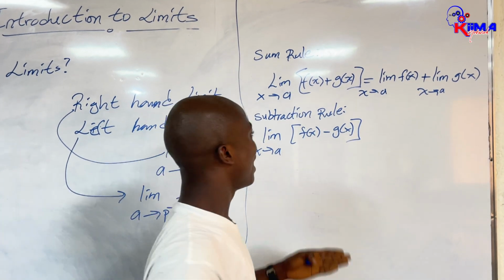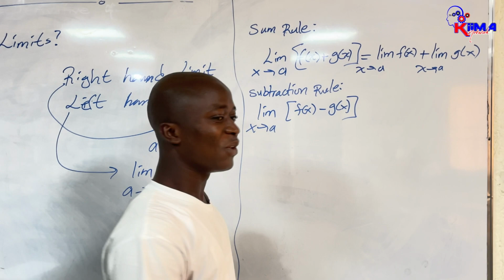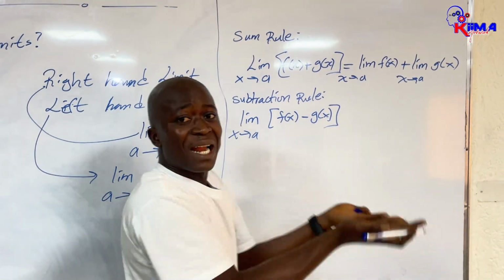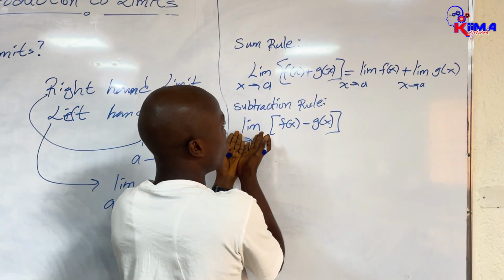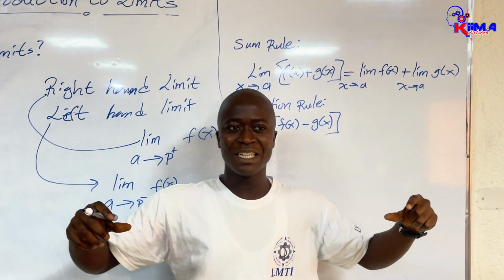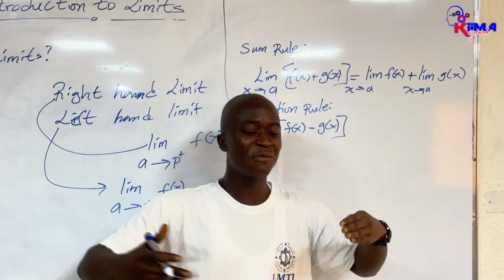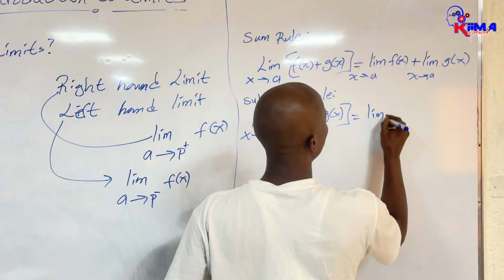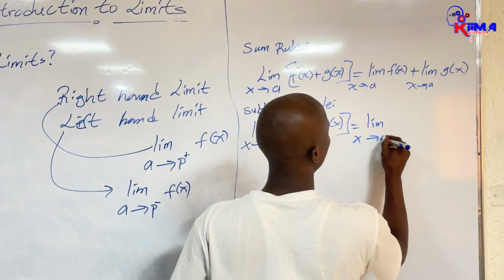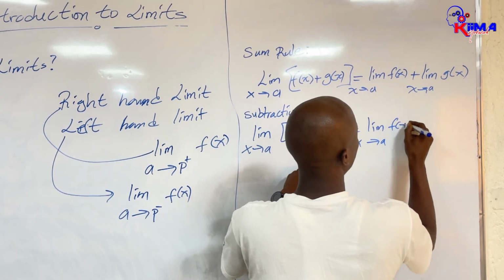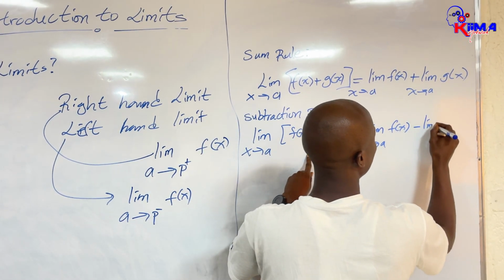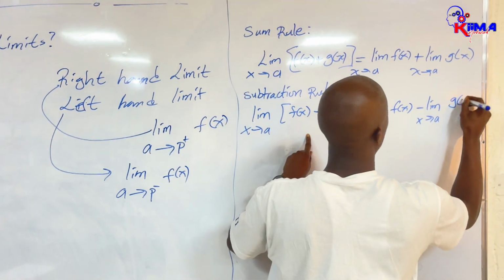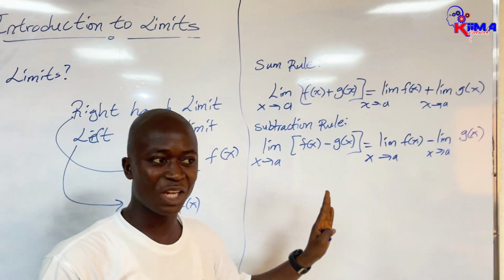Notice that addition and subtraction work hand in hand, so we apply the same rule. We just need to open up the limit, and each one of them should carry its own limit. So we get the limit as x approaches a of f of x minus the limit as x approaches a of g of x. That's the subtraction rule.